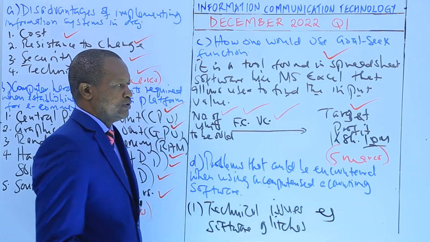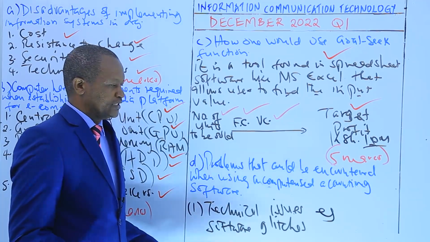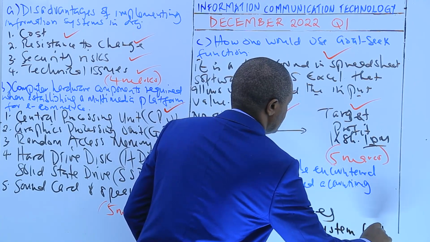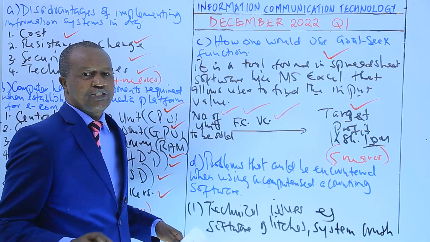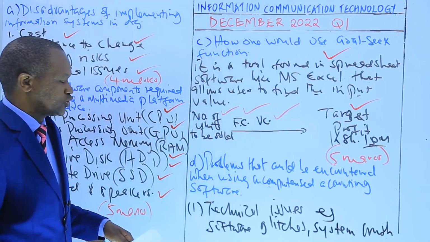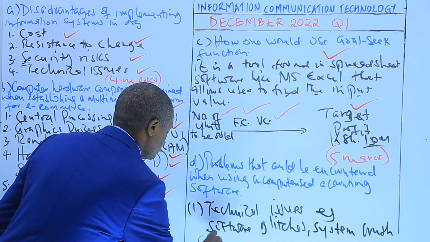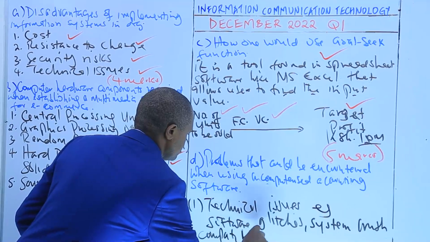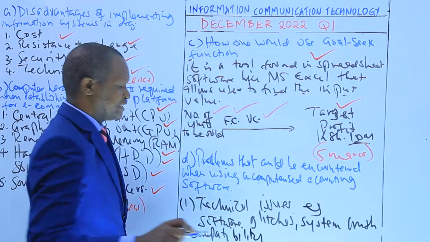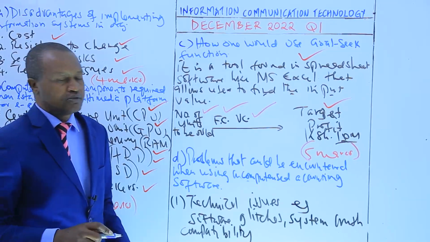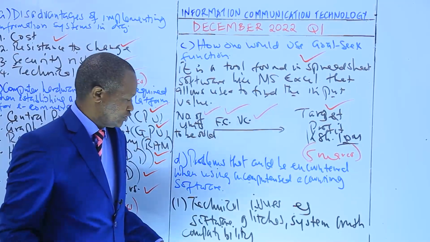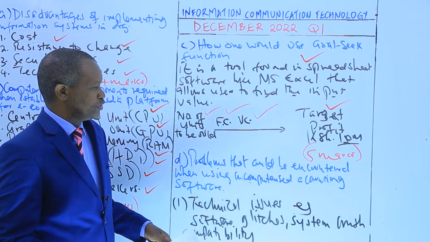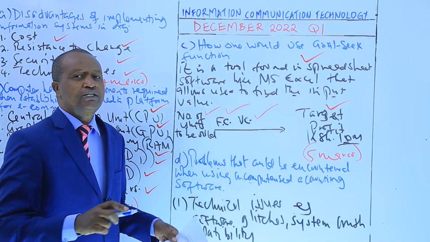We may have system crashes, the system may crash. There could also be compatibility issues. So these are some of the technical issues that one may encounter when using a computerized accounting software.